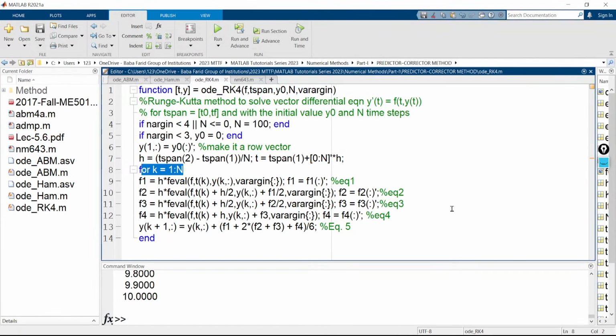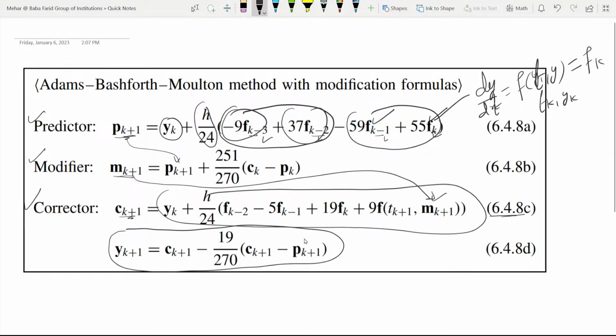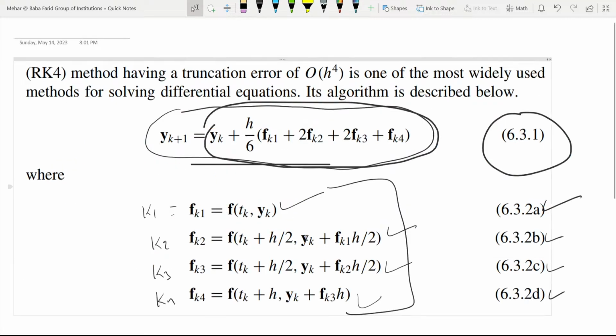So this is F1. F1 is nothing but the first equation, this one.